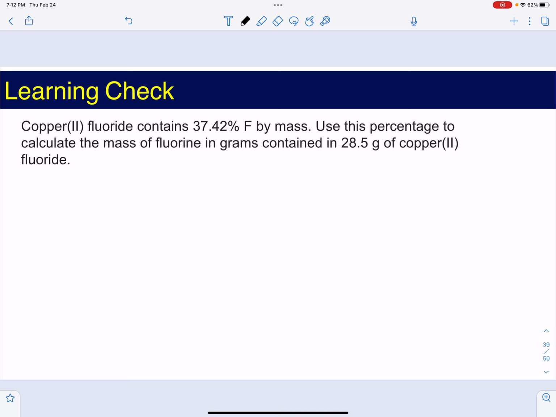So let's do this one. Copper 2 fluoride. So copper, which is 2 plus because it's telling us so, and fluoride, which is in group 17, therefore -1, crisscross. So we're talking about copper 2 fluoride. And what is it telling us to do? It contains 37.42% of fluorine by the total mass.